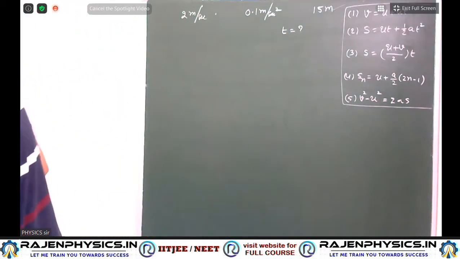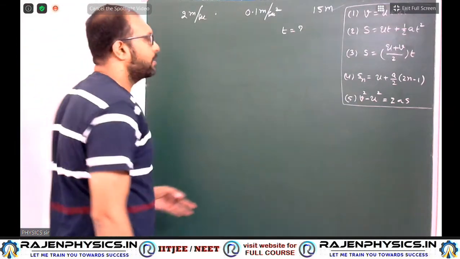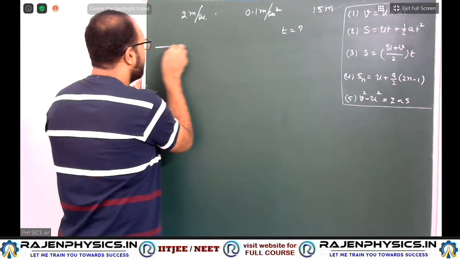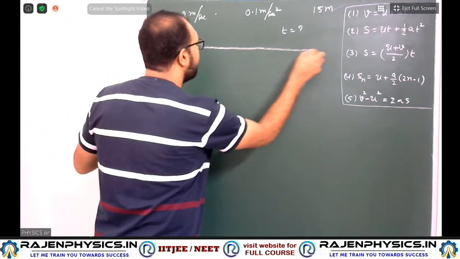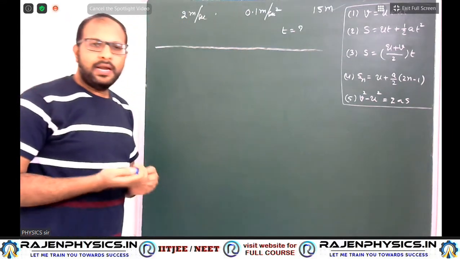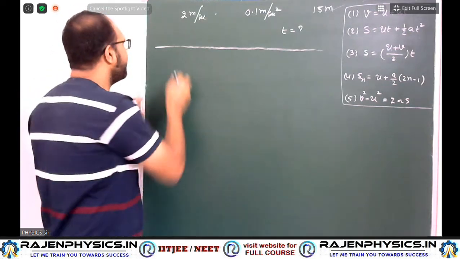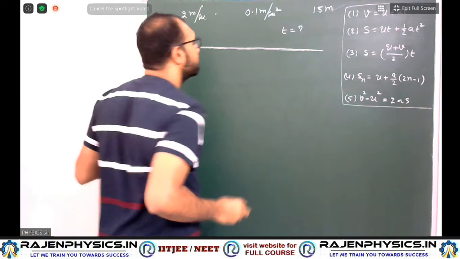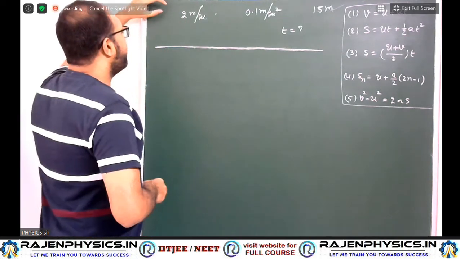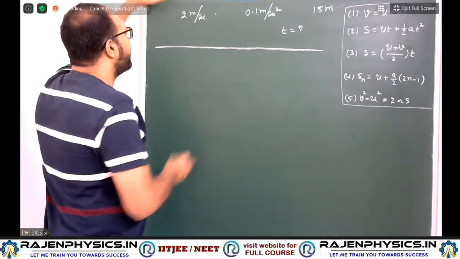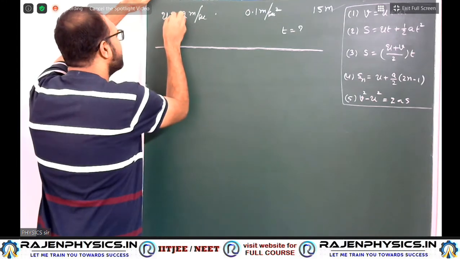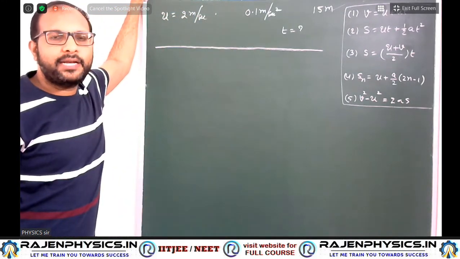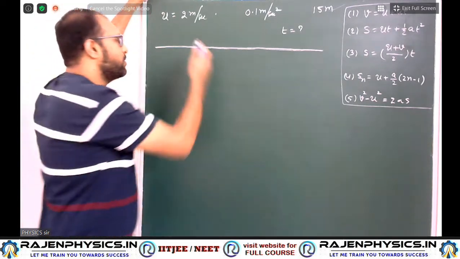So students, here one particle is moving along this line. Let it be the x-axis. That particle is moving with 2 meters per second. This is the initial velocity, 2 meters per second, on this side.